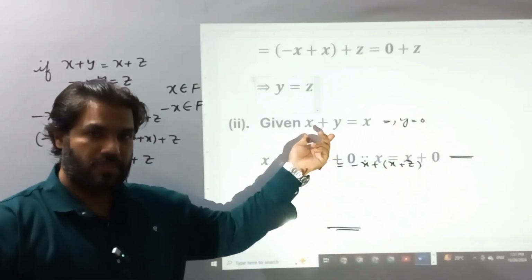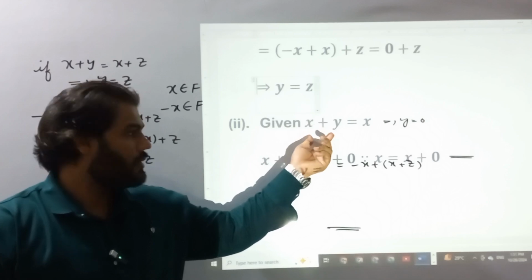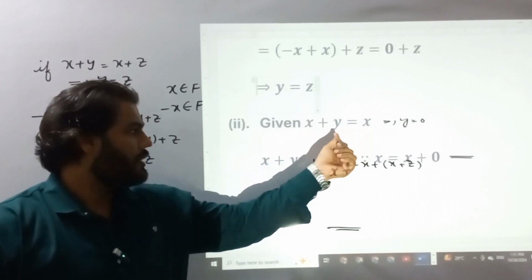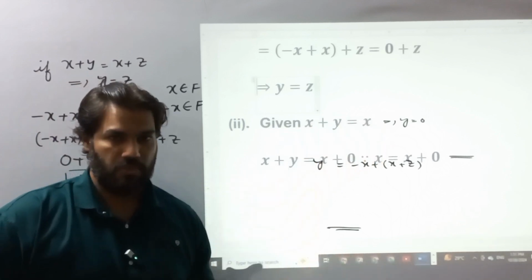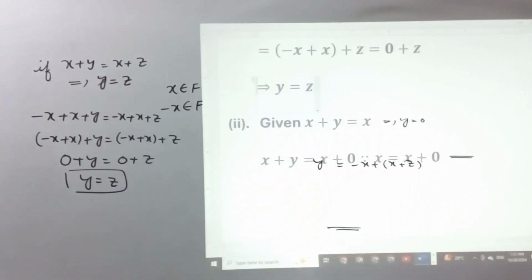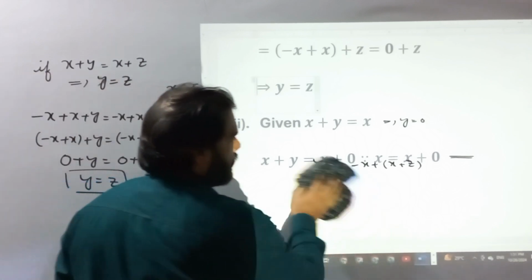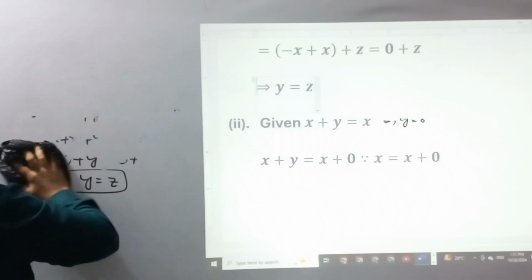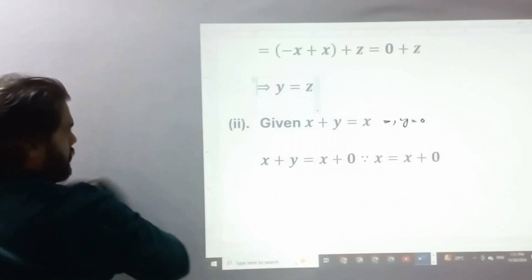If the sum of two numbers of any field f is equal to one of the numbers, that is x here, this is possible if y equals 0.